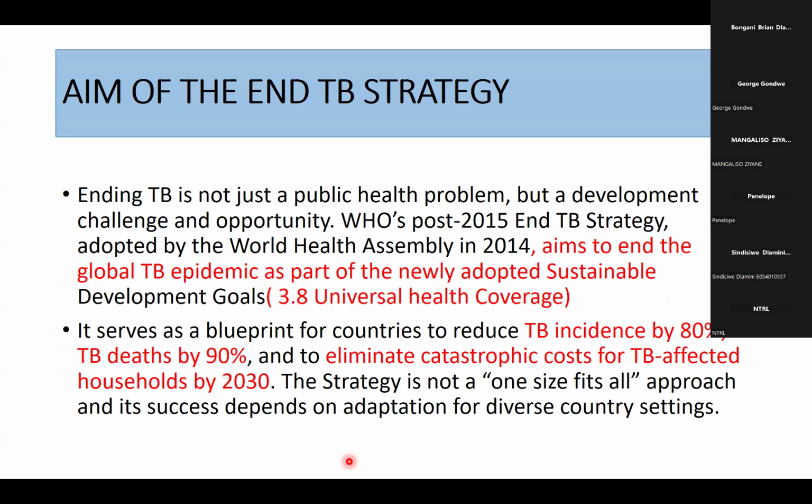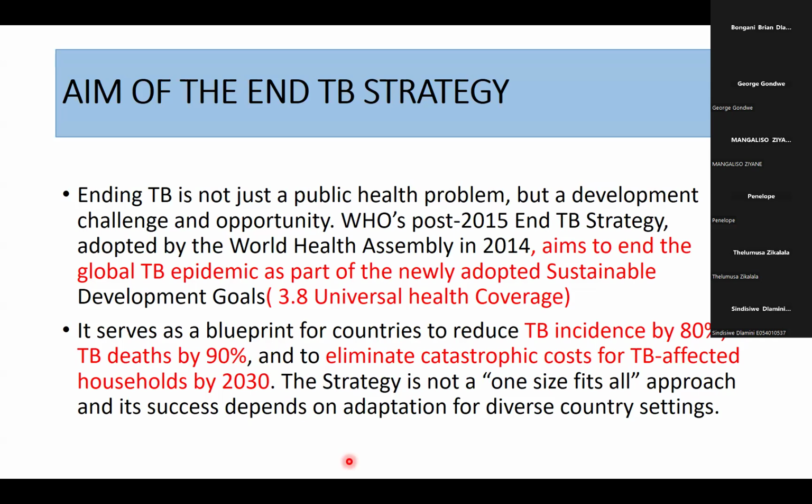This is in line with universal health coverage objective number 3. This strategy serves as a blueprint for countries to reduce TB incidence by 80%, TB deaths by 90%, and also to eliminate catastrophic costs.